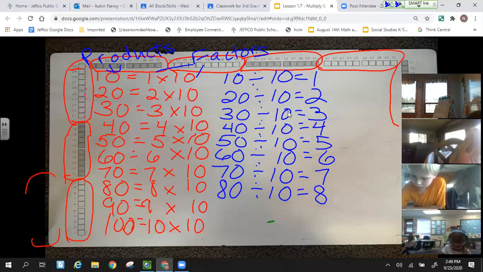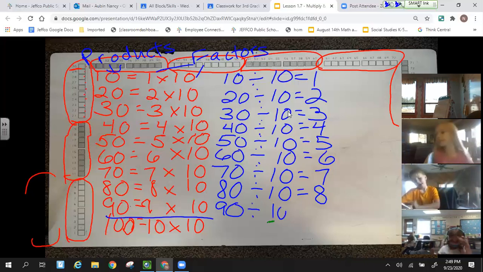Cooper, can you do the next one? If 90 equals 9 times 10, then 90. Very good. And last but not least, Lucas, if 100 equals 10 times 10, then?